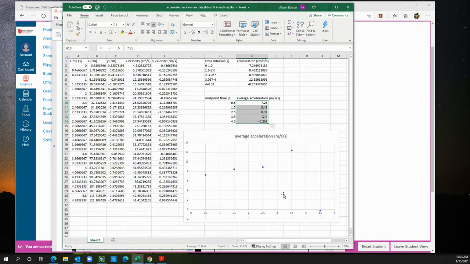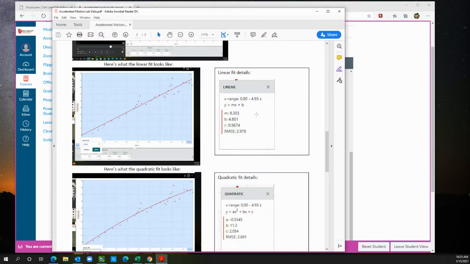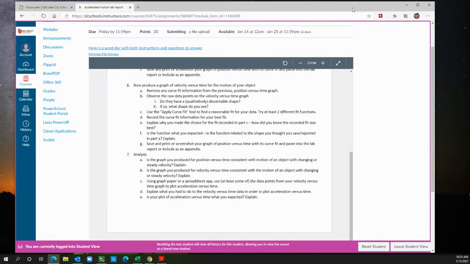So it looks like acceleration does change as the ball rolls down the track, but the average acceleration for the entire trip is pretty close to the acceleration predicted by my linear fit. So that was the idea for part 7.